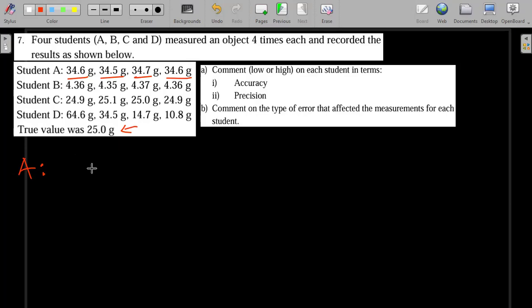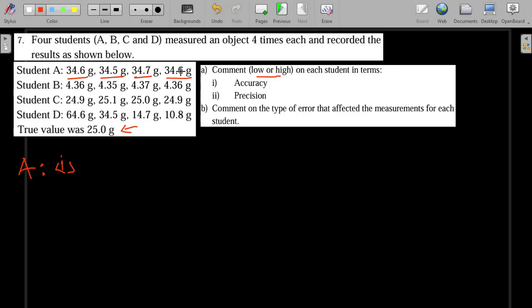So we start with the accuracy. I'll say 1 here. So how is the accuracy of this? Here they're saying comment high or low on each student. So the accuracy here is actually very low, because the true value is 25 grams, but when you put this thing on the weighing balance, it's giving you 34.6. So the accuracy there is low.